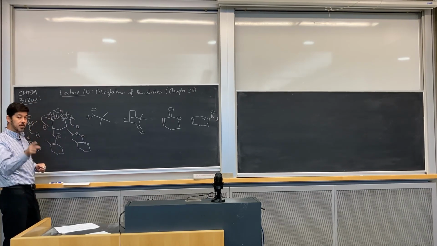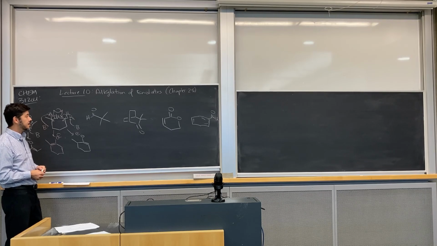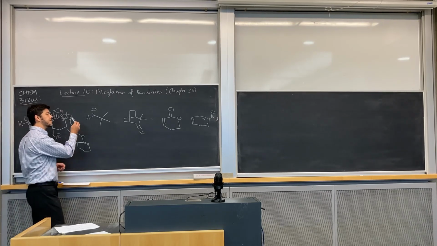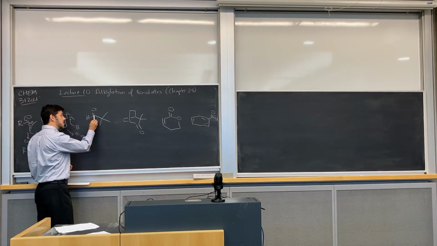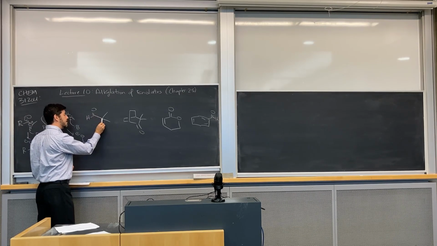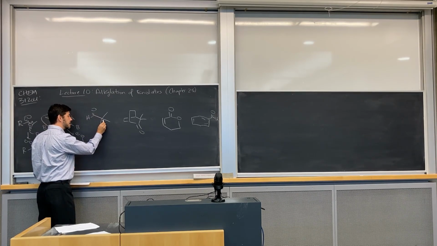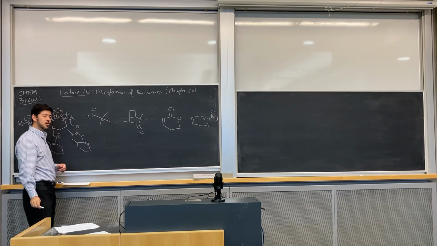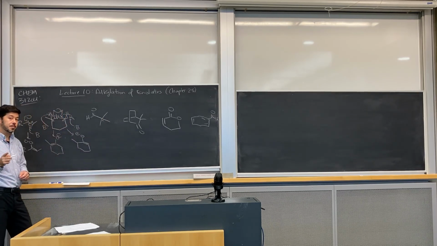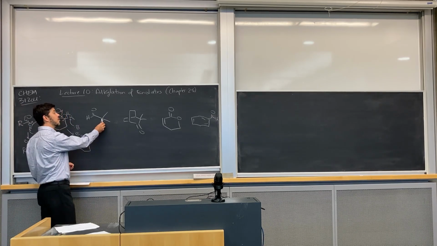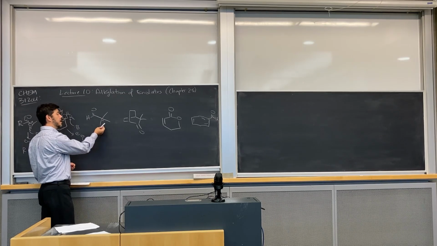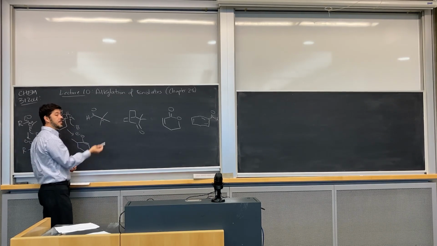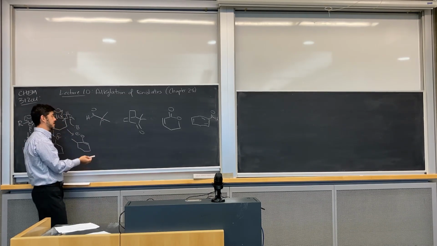Look for your alpha carbon and then see which protons are acidic. This is ipso. This is the alpha carbon. Do we have any alpha protons? No, we don't, because this carbon here is fully substituted. So we can't do any type of elimination to form an enolate.